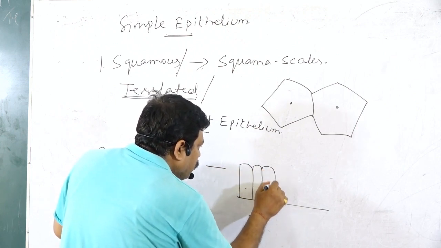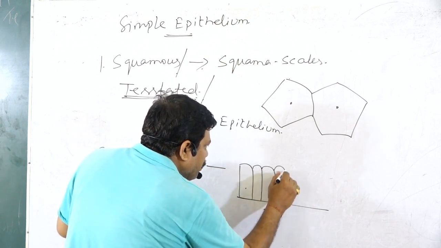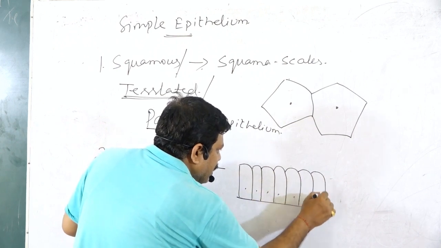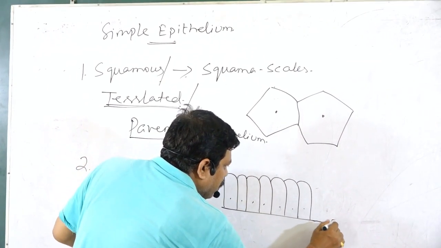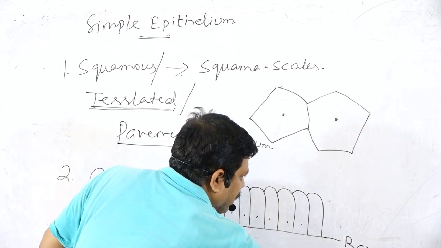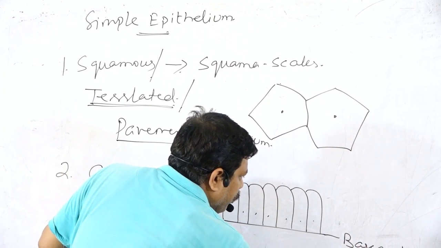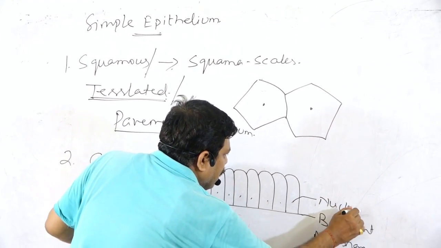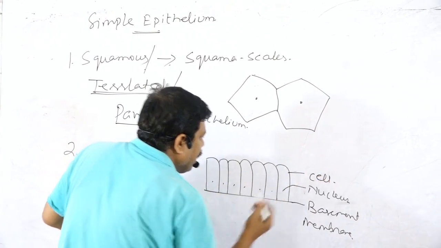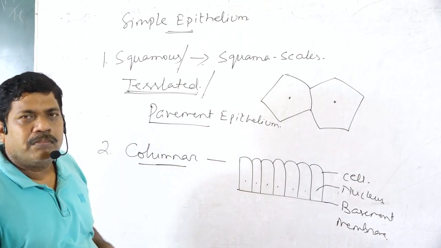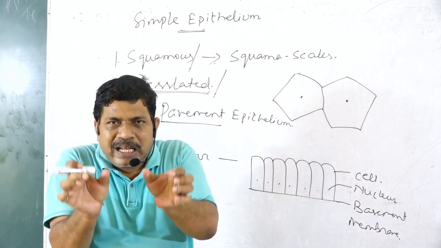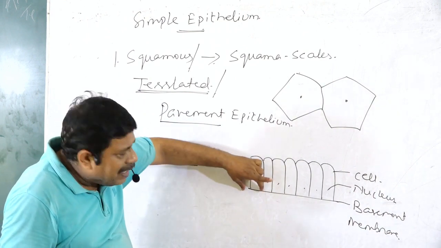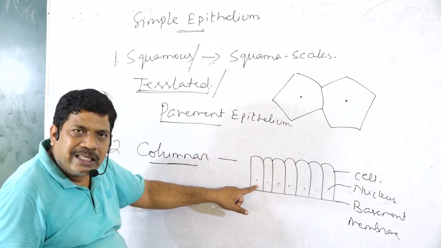The nucleus is present at the base, and this is the basement membrane, and this is the nucleus present at the base and the cell. This is columnar epithelium. Means the shape of cells is just like a column, just like a pillar, where length is greater than breadth. Nucleus is at the base.